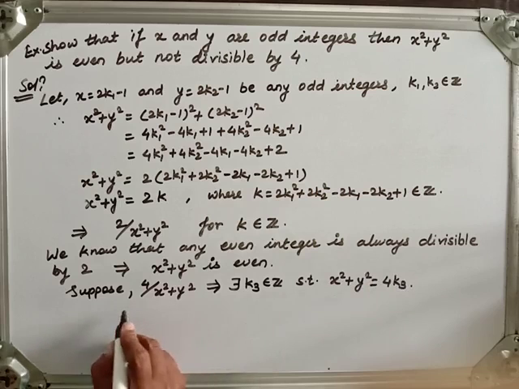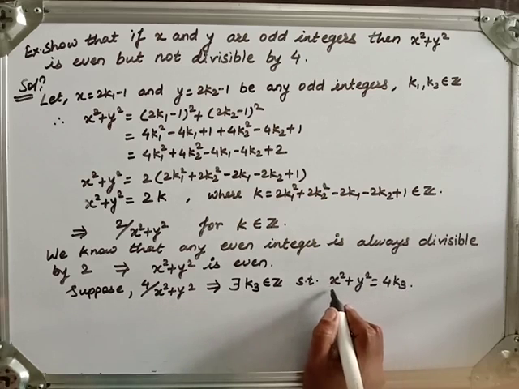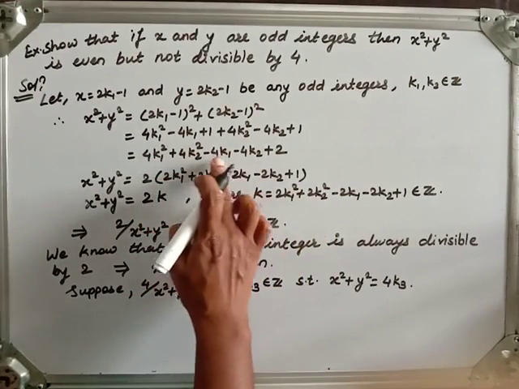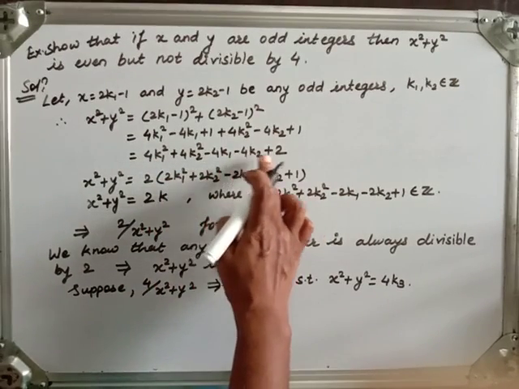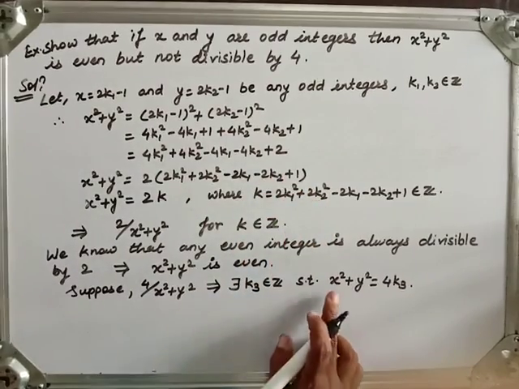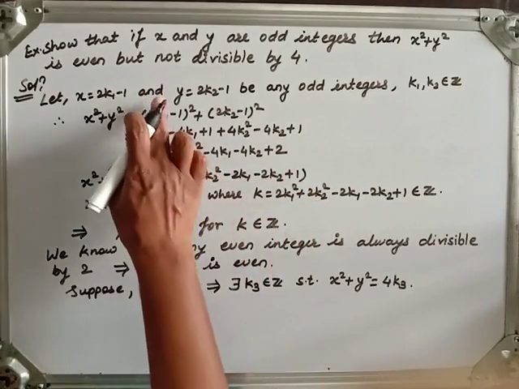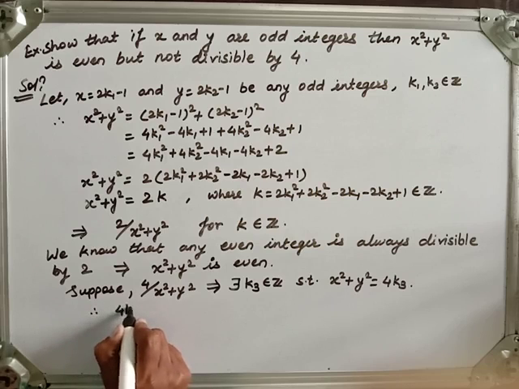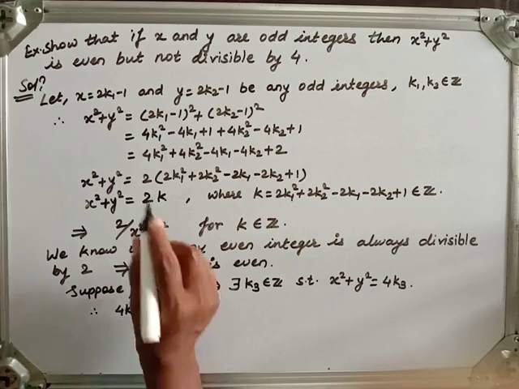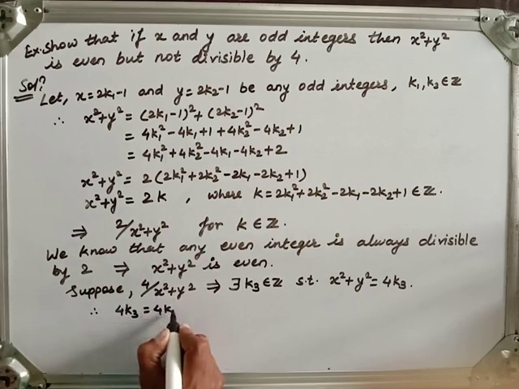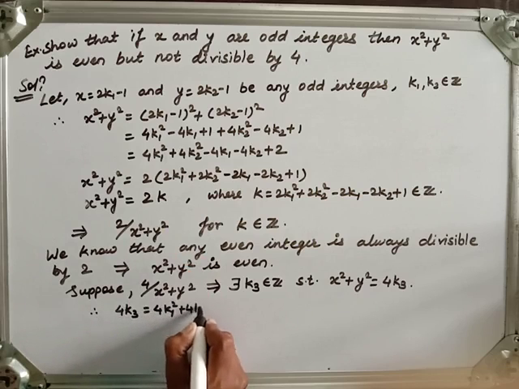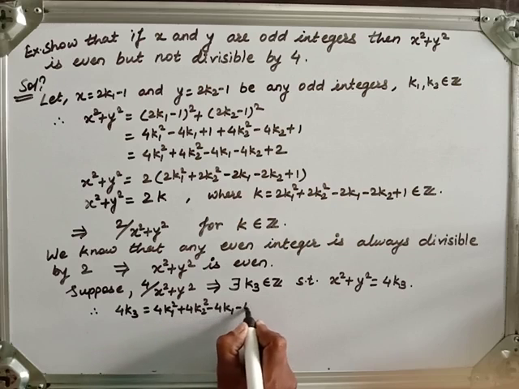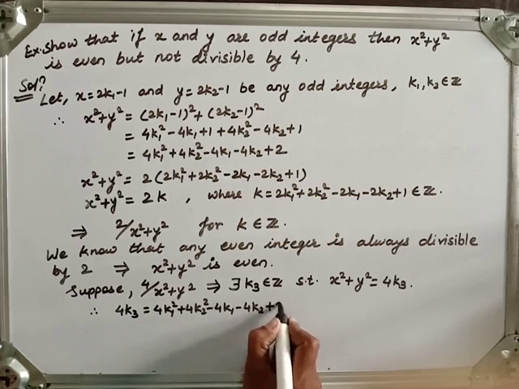But we have X square plus Y square as 4k1 square plus 4k2 square minus 4k1 minus 4k2 plus 2, as X and Y are odd integers. Therefore, we get 4k3 equal to 4k1 square plus 4k2 square minus 4k1 minus 4k2 plus 2.